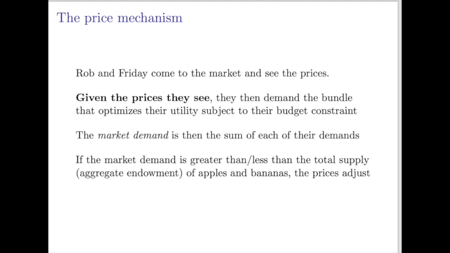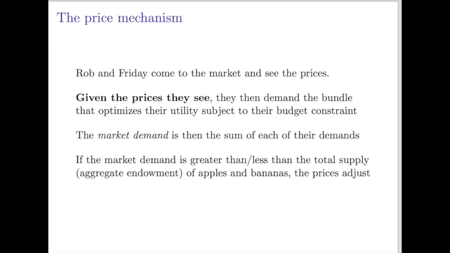Now, if the market demand is greater than the total supply, remember the total supply is fixed here, right? If we add up all the endowments of apples or all the endowments of bananas, that gives us the total supply of apples or bananas. So if the market demand for apples is greater than or less than the total supply, then the price has to adjust.